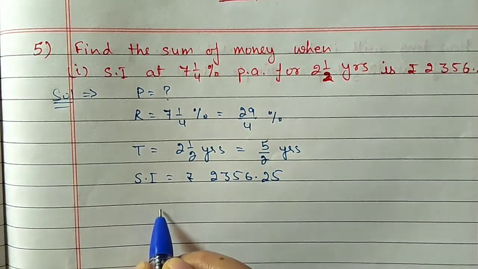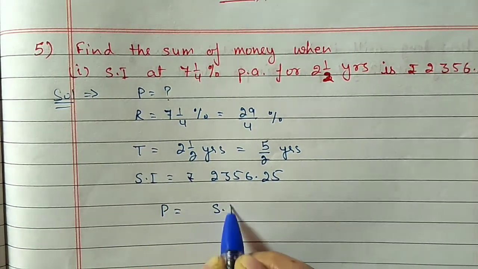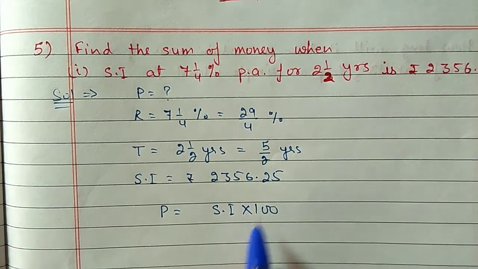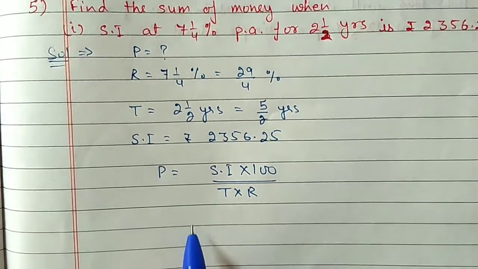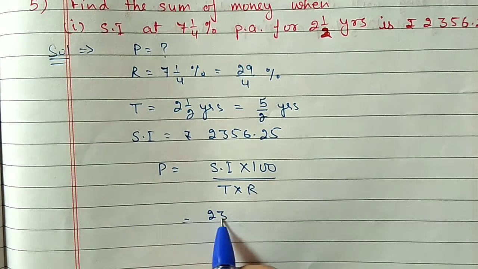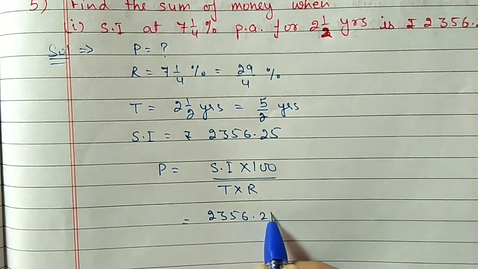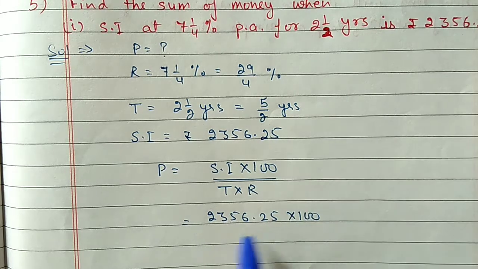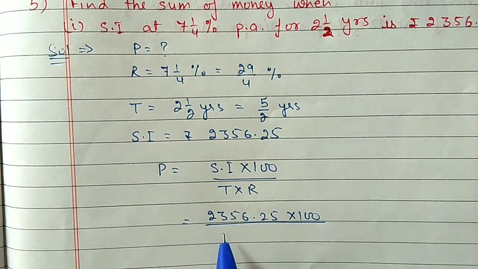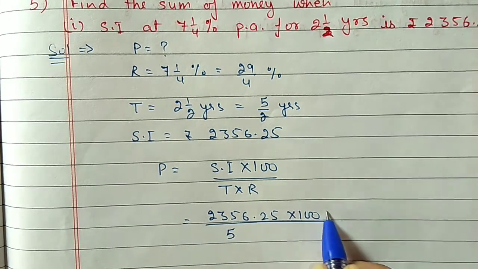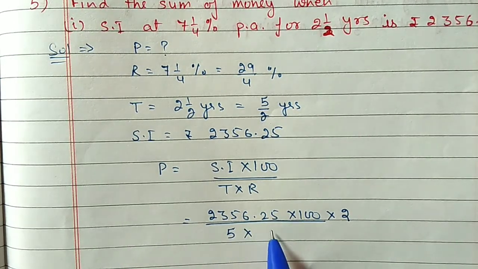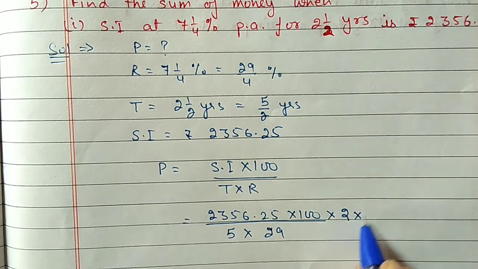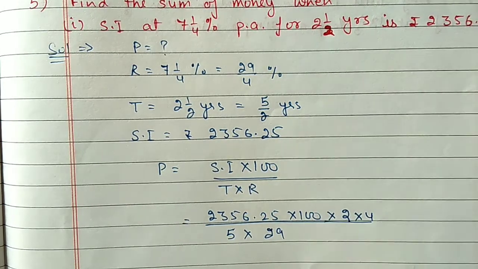Now we'll find out the principal money. P is equal to SI into 100 divided by time into rate. Substitute the values here. Simple interest is 2356 rupees 25 paise into 100. Then time is 5/2, so the 2 will go up, and rate of interest is 29/4, so the 4 also we have to shift up.